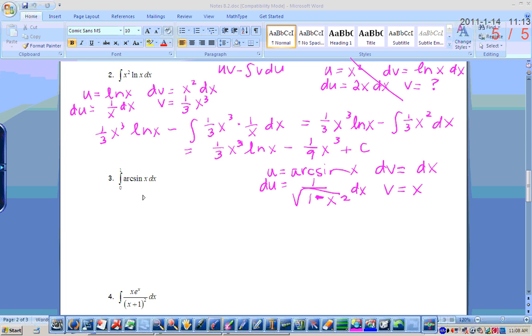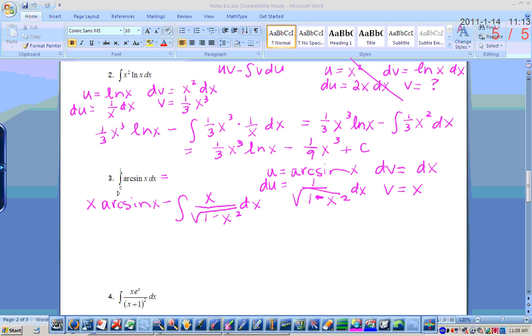All right, uv is x arc sine x, minus the integral of v du. So x over the square root of 1 minus x squared dx.